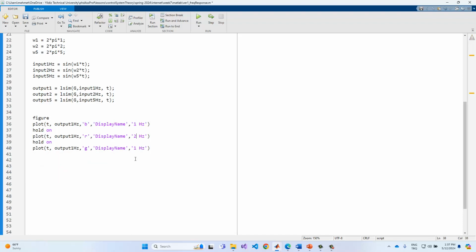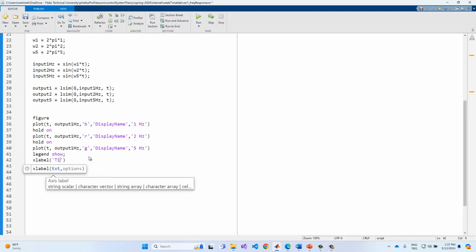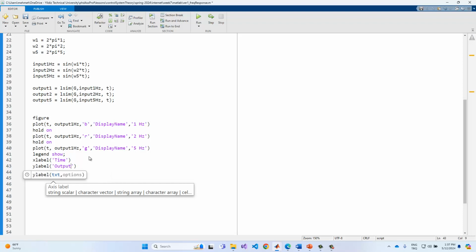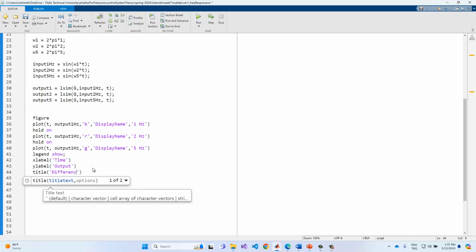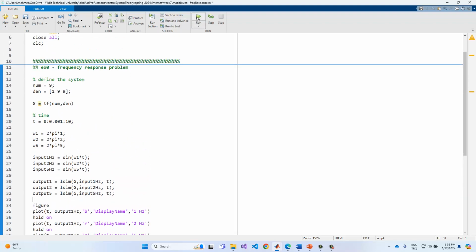And 2 Hertz and the 5 Hertz, and the legend must be shown, and X label is the time and Y label is the output of the transfer function. And so title can be given different sinus inputs.